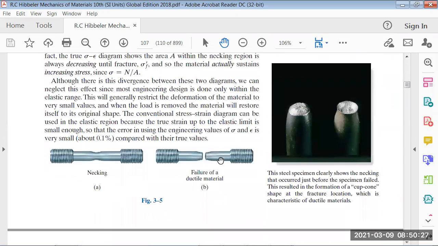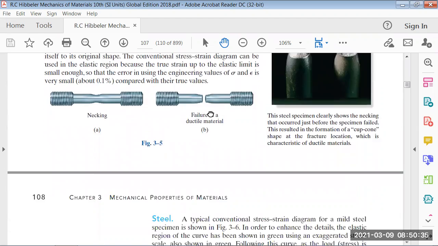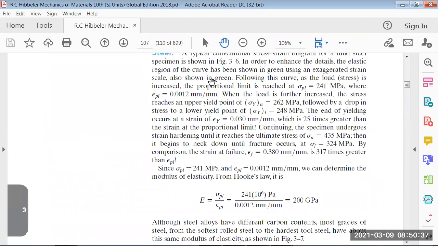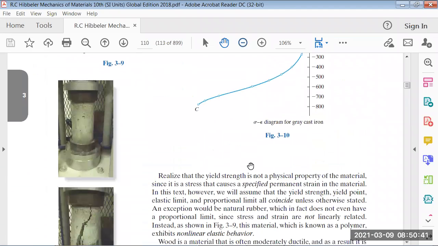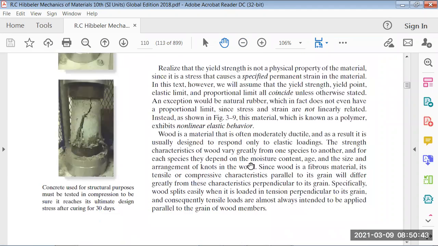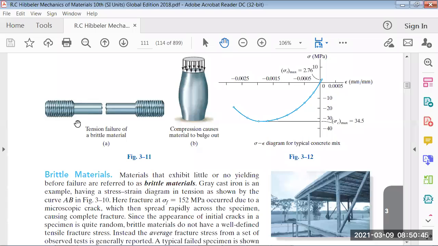And I've also given a question about the difference between this kind of failure, which happens to ductile material, and the material that is not ductile, which means the material that is brittle. This is the tension failure of a brittle material.